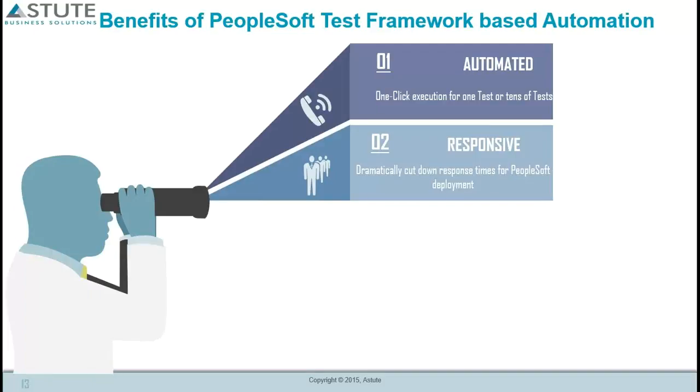But the tests themselves, because now you're going to have the ability to compress the timeline, not just by running automated tests at the click of a button, but running shell tests and batch tests, if you want to look at batch capability, and we'll talk a little bit about that later on in the demo. You have all of those capabilities, so you can turn around a test cycle in a matter of days instead of weeks, which can then compress your deployment cycle for upgrade or PUM image update and so on.